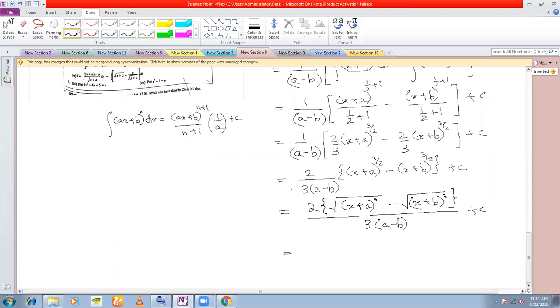This is just simplification, okay? You can leave it here only at this step. So you can write this as twice x plus a root x plus a minus x plus b root x plus b divided by thrice a minus b plus c, where c is a constant of integration.